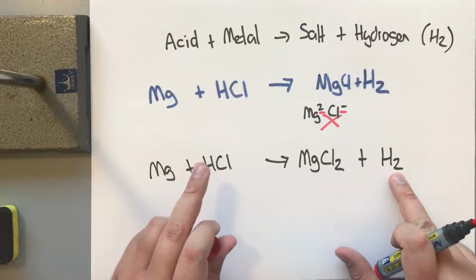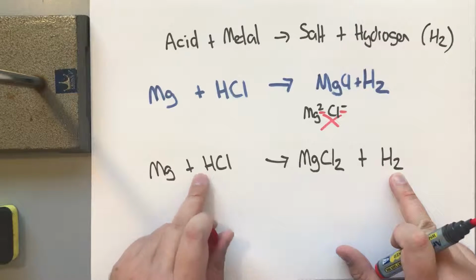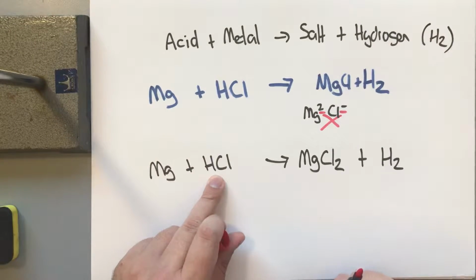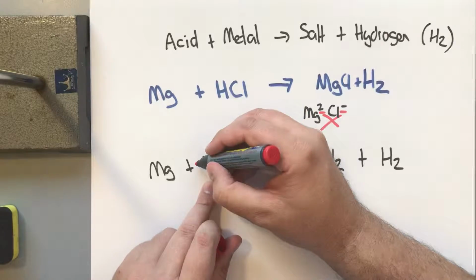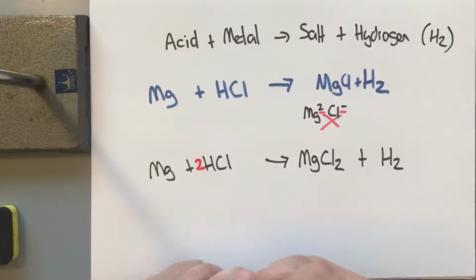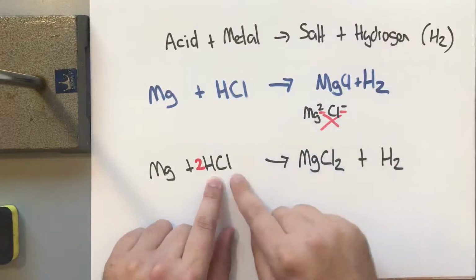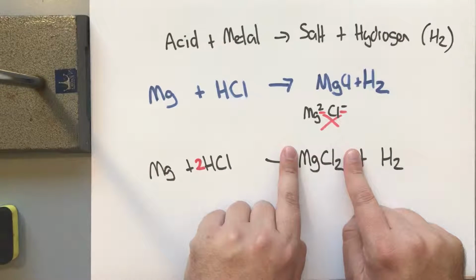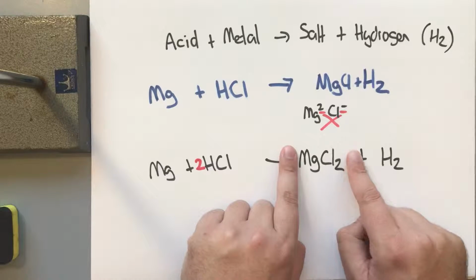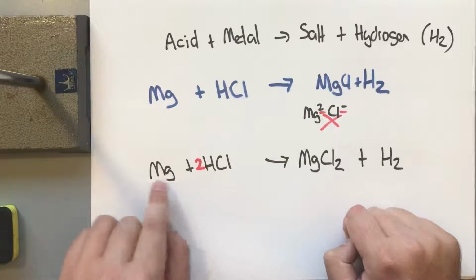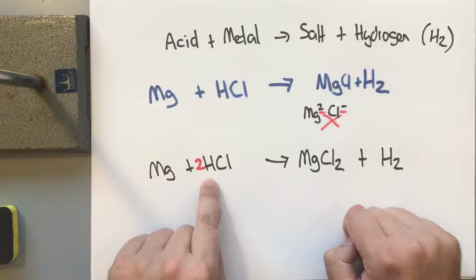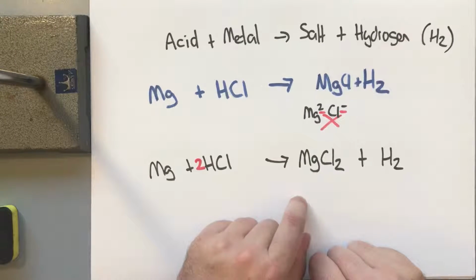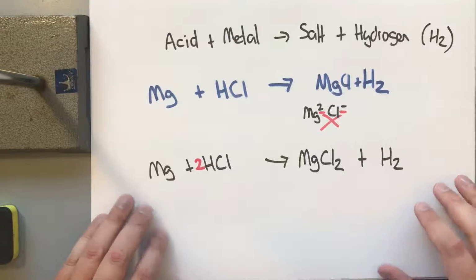So we need to have 2 lots of hydrochloric acid to be able to produce our molecule there of hydrogen gas. So let's put a 2 in front. Now if we put a 2 in front of that HCl, we now have 2 chlorines on this side. And over here, as part of this ionic compound, we've already got 2 chlorines. So magnesium plus 2 HCl gives us magnesium chloride plus hydrogen gas. So that's all balanced and that one's all done.